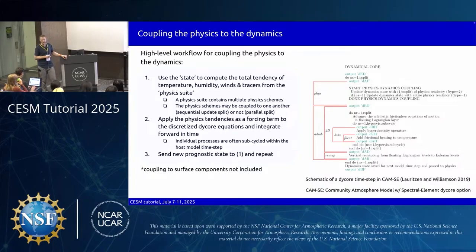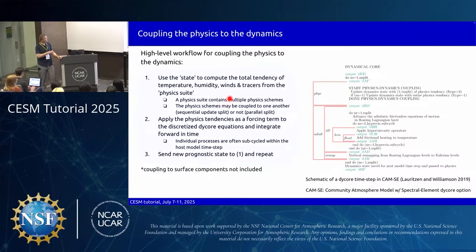And those can be coupled in different ways. So what we do is we run one parameterization, update the state, and then we provide the updated state to the next parameterization, and so on. That's called sequential split update. And then within a parameterization, there might be some complicated splitting happening as well. I won't dwell on that. I just want you to be aware that that's in the model.